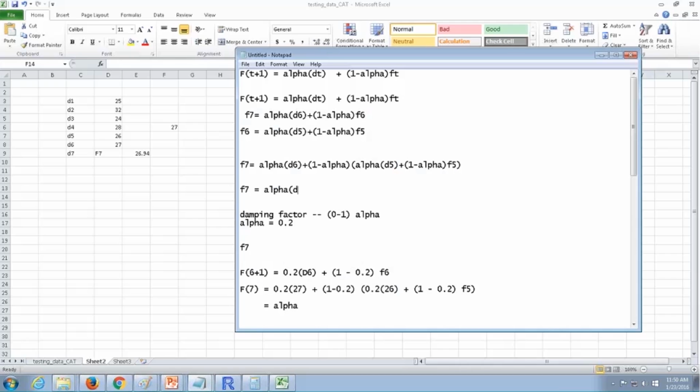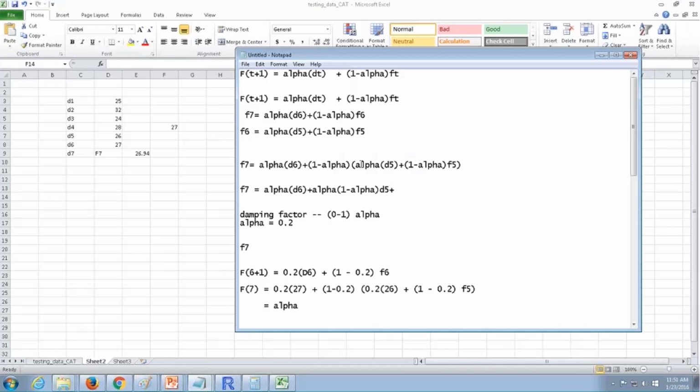alpha into D6 plus, what is this? How can you write this particular formula? Alpha into 1 minus alpha D5, I can write, right? I can just multiply this alpha into 1 minus alpha. Alpha into 1 minus alpha D5 plus, what is this, 1 minus alpha into 1 minus alpha?